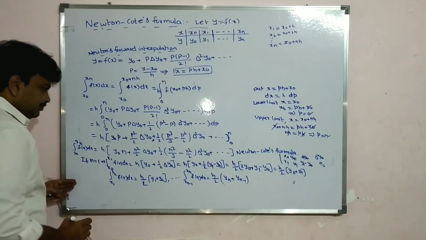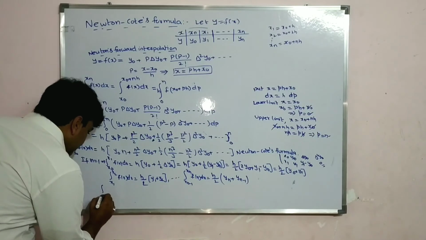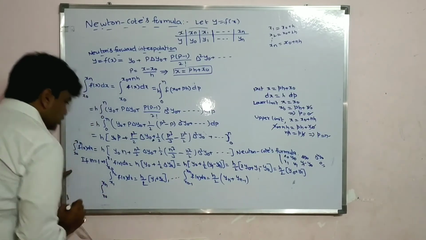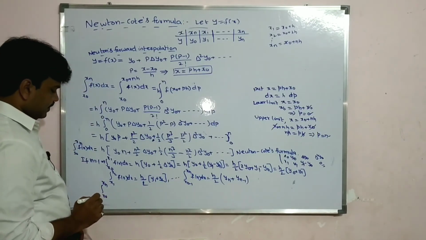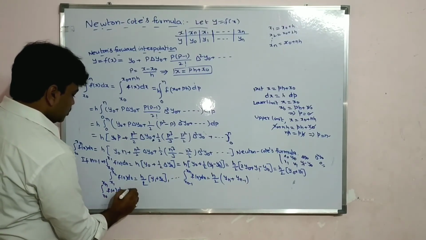Now the integral x naught to xn of f of x dx is equal to h by 2.